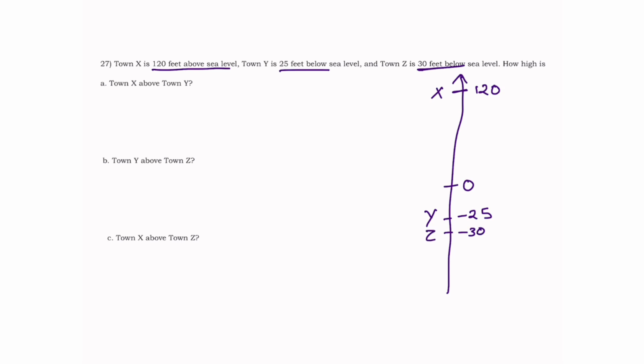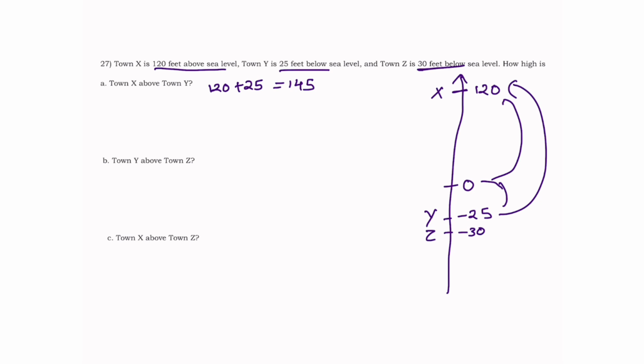Now they have asked you 3 questions under this, so let's solve each one. The first one says town X above town Y. So from here to here, what's the difference? That is this difference and this difference, right? So basically what will you do? You are going to add 120 and 25, and that is 145.